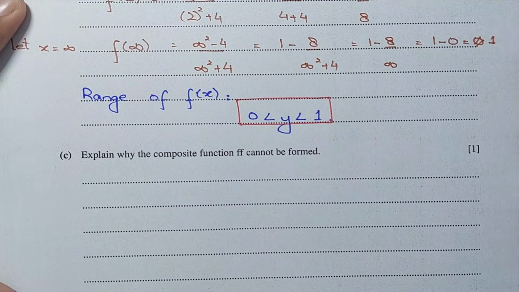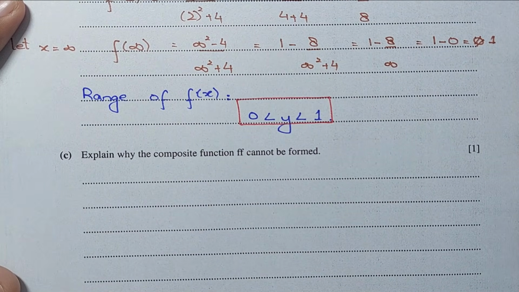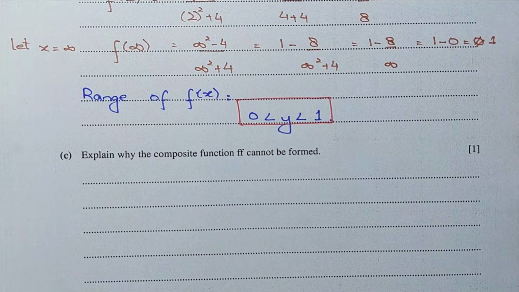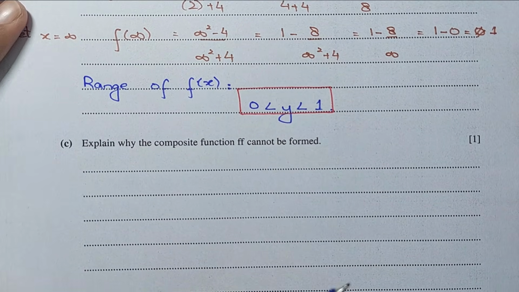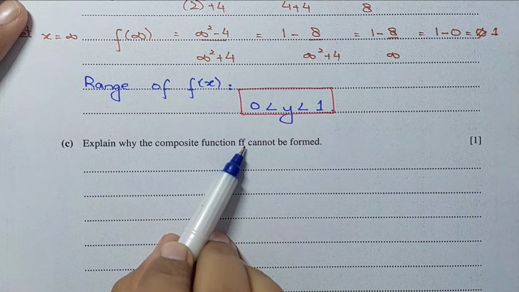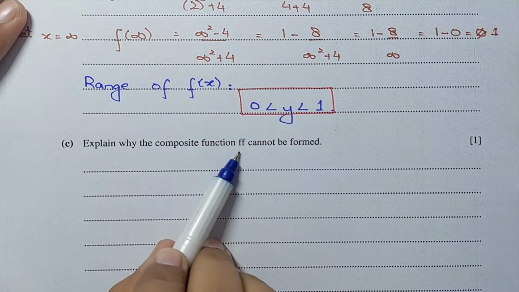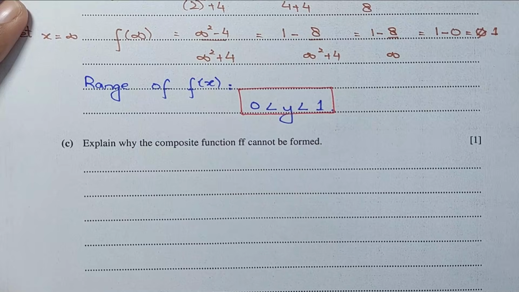Now for part C, explain why the composition ff cannot be formed. Composition function is possible when the range of the inner function must lie within the domain of the outer function, right?